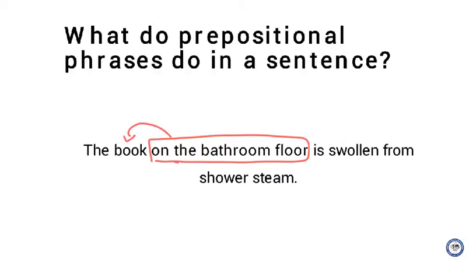Which book in this case? It's the book which is on the bathroom floor. So it modifies the word before, which is book. In this case, the prepositional phrase functions as an adjective. So one way to use a prepositional phrase is to add an adjective to help visualize that object, which is the book.